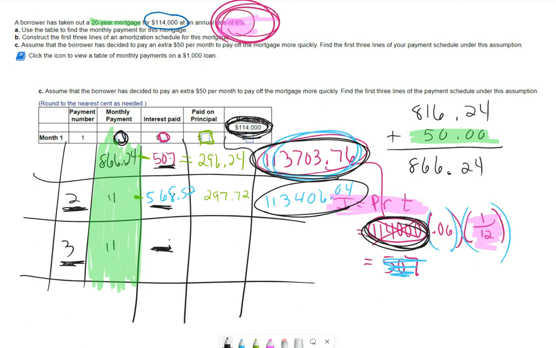So the interest that you pay should go down, which means the principal, the part that's left over, should go up. It went from 296 to 297, and then the next one here was 299.21. That's going to keep going up. You'll have extra money from this 866.24 to apply to your balance, and your balance will keep going down over time. I hope that makes sense.